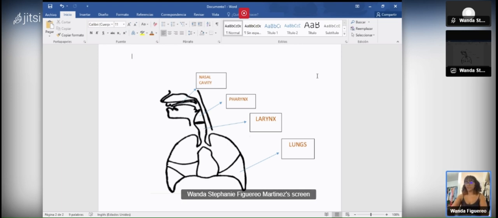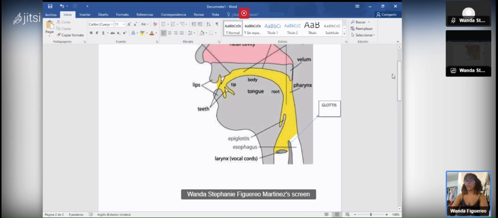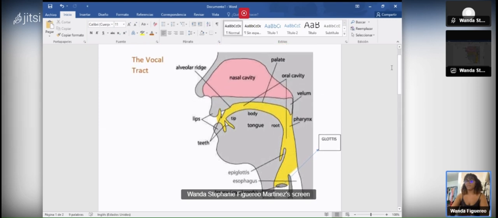So to detail a little more about the vocal cords and also the vocal tract, we're gonna move to another picture I have up here. Awesome. So we're gonna talk about the vocal cords, which is pointed out here. As it shows there, the vocal cords are two, and as I mentioned before, they are made of elastic tissue that is placed in the larynx.